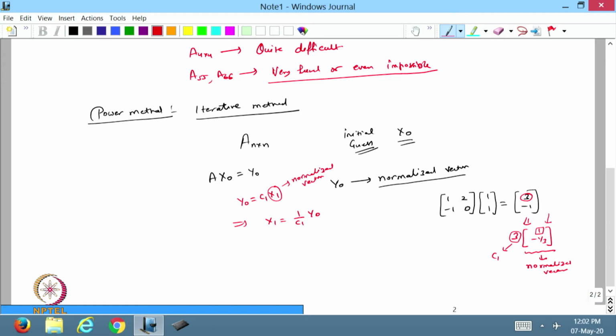Now, in the next step, I put A x1, and from here I will get y1. With the help of y1 I will reduce this into c2 x2. I will keep doing like that.